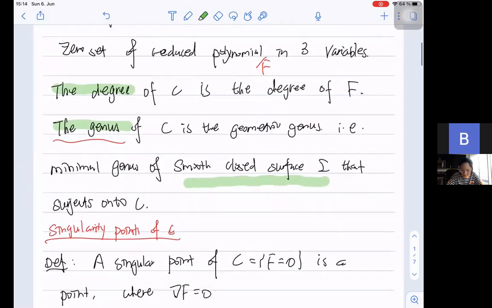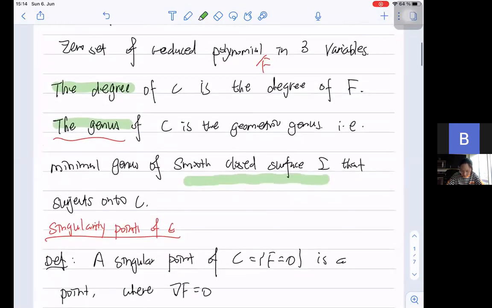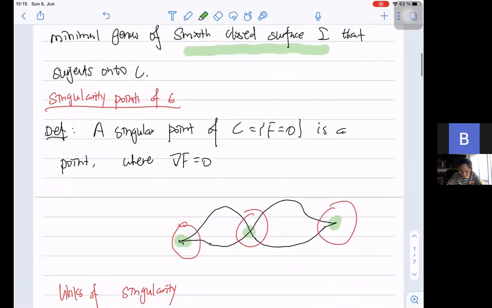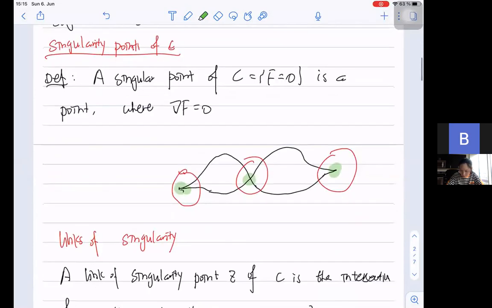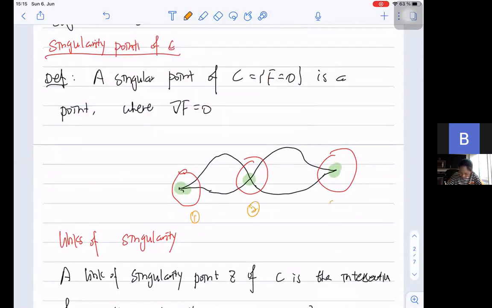Once we have this polynomial, which gives us the curve C in CP2, we can talk about the singular points. A singular point is a point where the gradient of the function f equals 0. For example, in this picture, we have three singular points, denoted 1, 2, and 3.